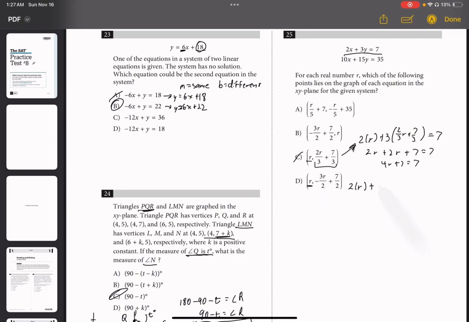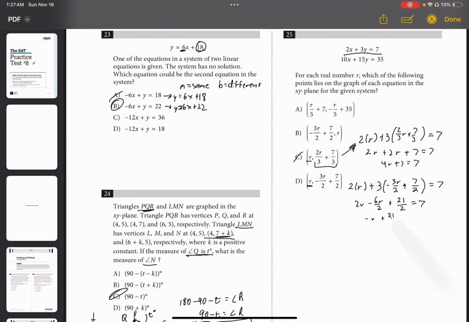And now we're going to try this one. So we have 2 times r plus 3 times negative 3r over 2 plus 7 over 2 is equal to 7. So you get 2r minus 6r over 2 plus 21 over 2 is equal to 7.